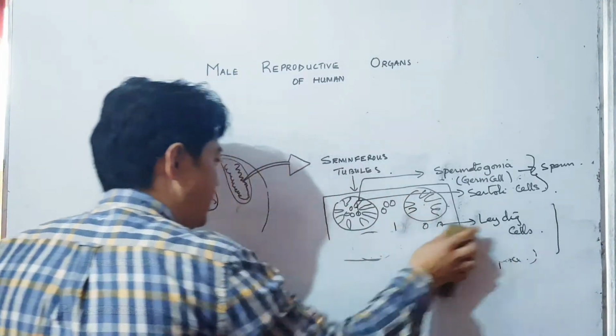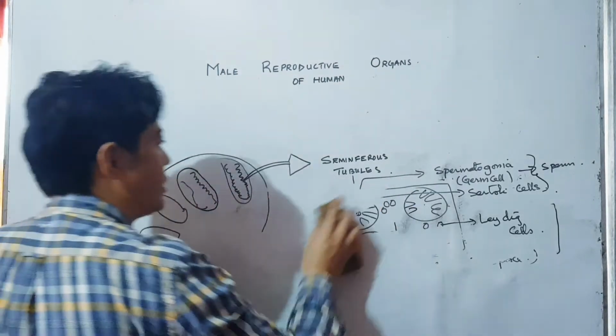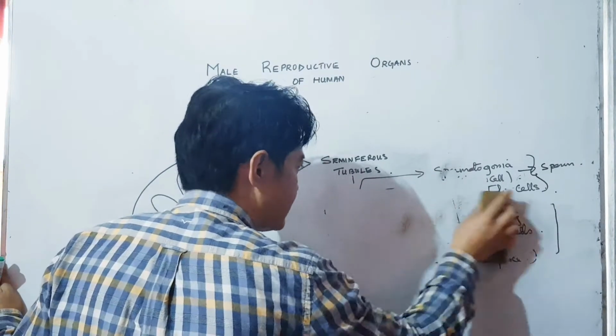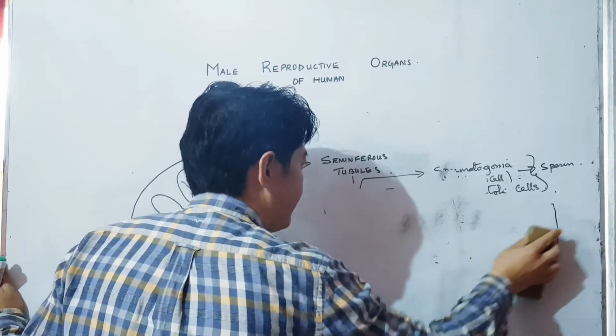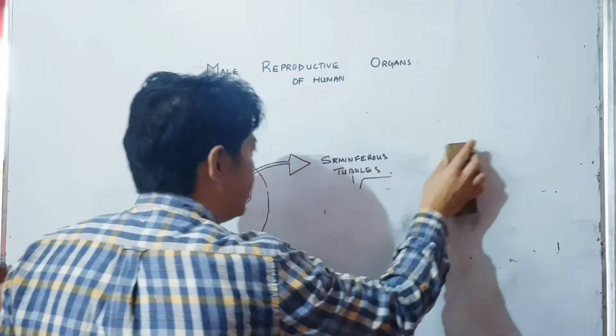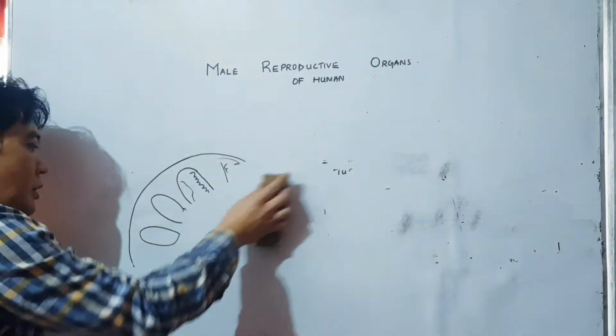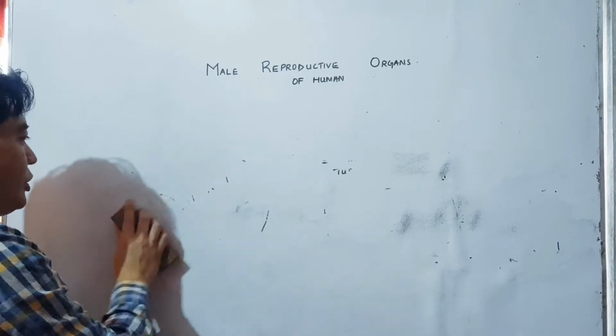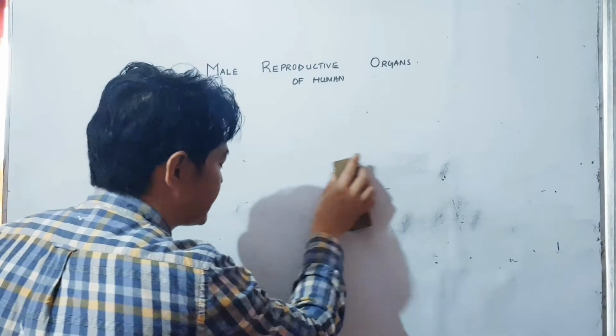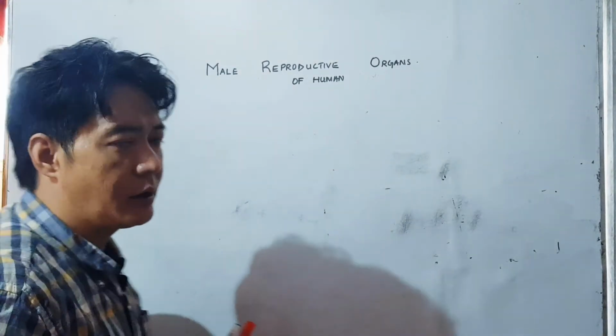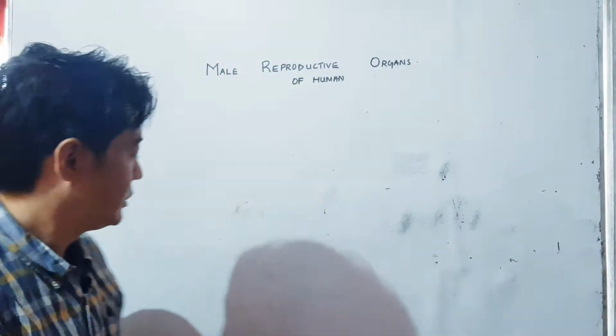These are the primary sex organs of the male, that is the testis, and the remaining organs which are involved in reproduction are known as secondary or accessory organs.